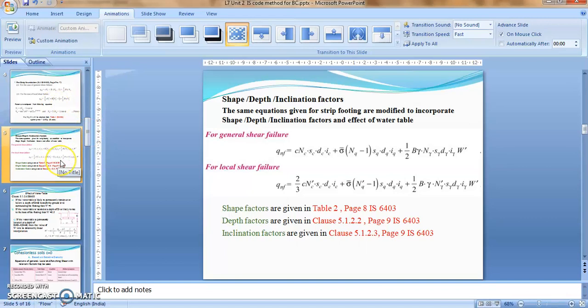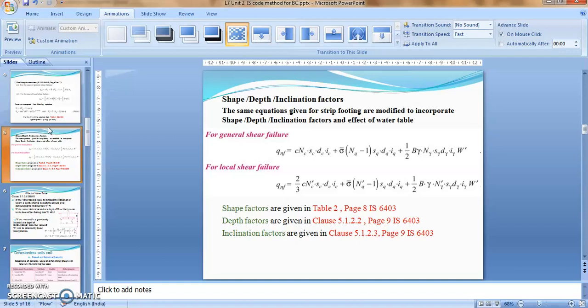For that, the first question we need to ask is: is it a strip footing or strip foundation? Yes or no? No. Why? Because the dimensions were very clearly mentioned to us, somewhere around 1.8 and 3. That clearly indicates that it's not a strip foundation. What is a strip foundation? The length has to be greater than 5 times the width, or the width has to be more than 3 times the wall width.